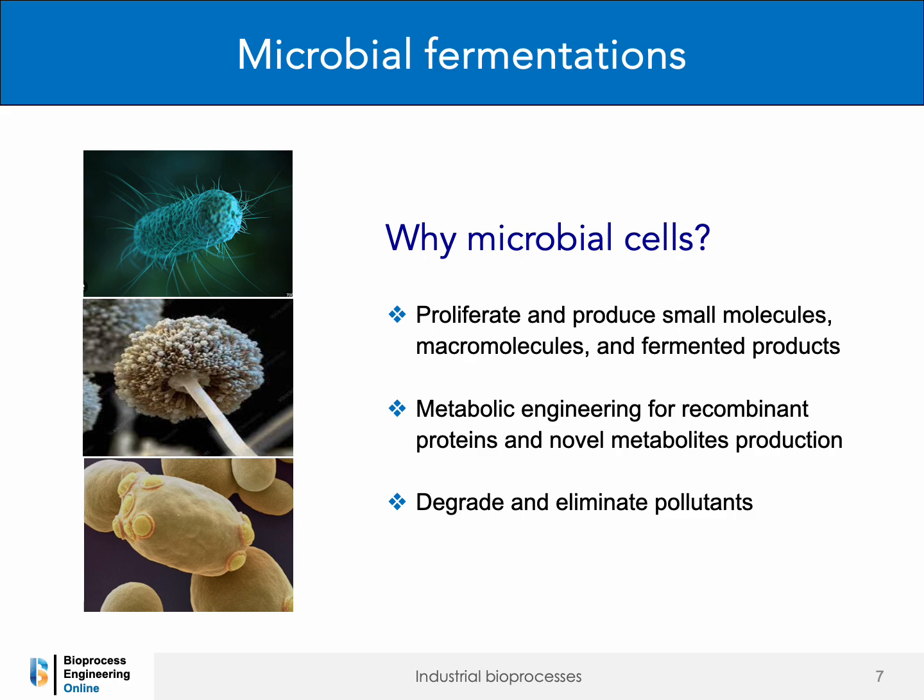These encompass small molecules like ethanol and lactic acid, larger macromolecules such as proteins and polysaccharides, as well as fermented products like beer. Furthermore, these microbial cells can be subject to metabolic engineering, enabling the production of recombinant proteins and novel metabolites. Additionally, microbial cells are also used to degrade and eliminate pollutants.